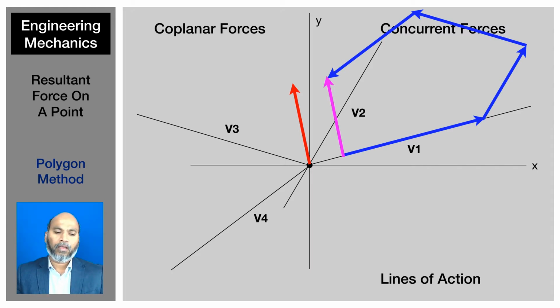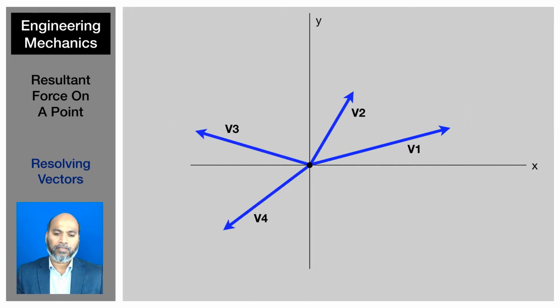This polygon method gives you the magnitude and the direction of the resultant force, but you need to apply that resultant force at the point we are considering in our calculations. The line of action has to intersect that point. Otherwise, a moment will be created. You just need to observe that.